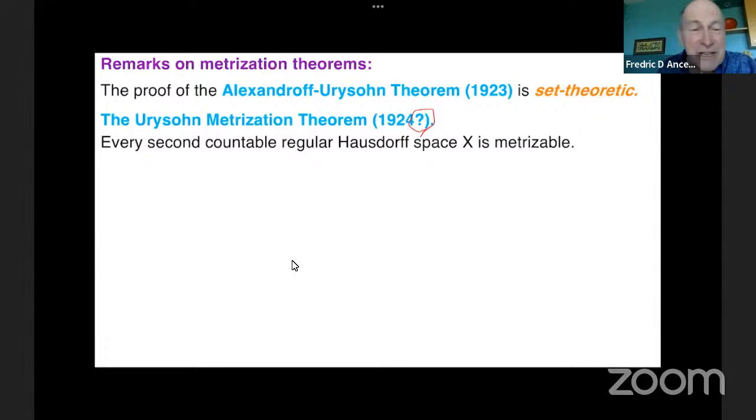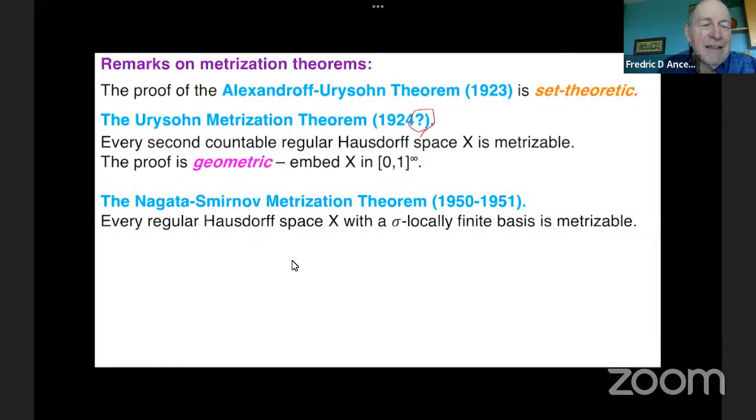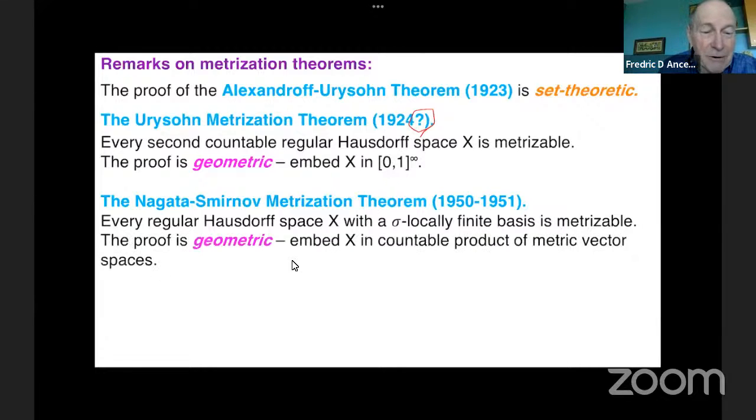the proof I've seen is what I would call geometric. You embed the space in a space you know is a metric space, in this case the Hilbert cube. And if you look at the more general metrization theorems like Nagata-Smirnov, the proof is geometric.